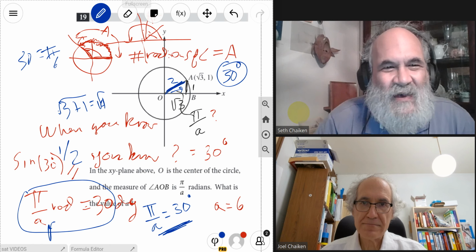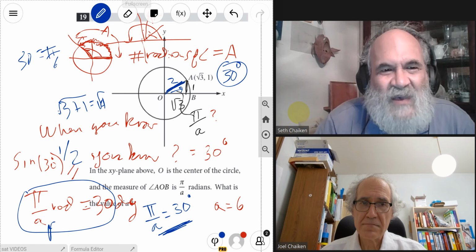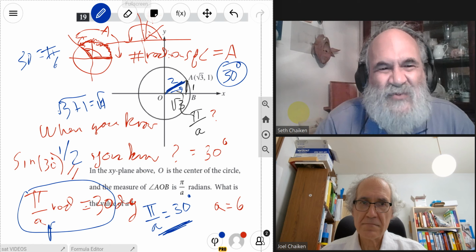And then the thing you need to know is that the whole circumference of a circle in terms of the radius is 2 pi times the radius. So all the way around the circle gives you an angle of 2 pi radians.